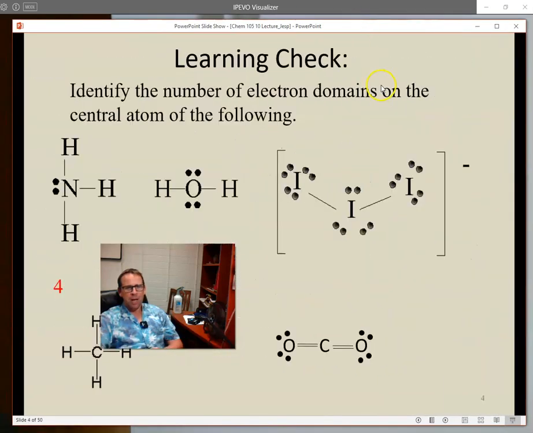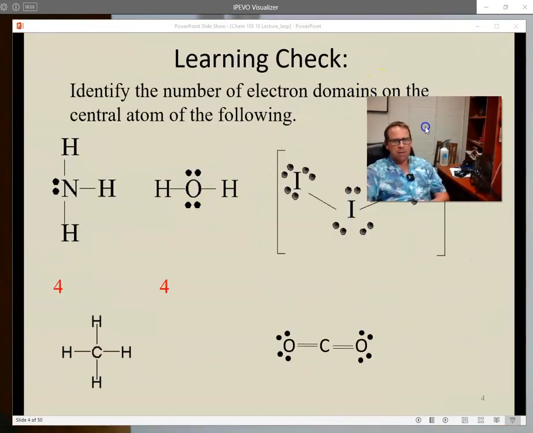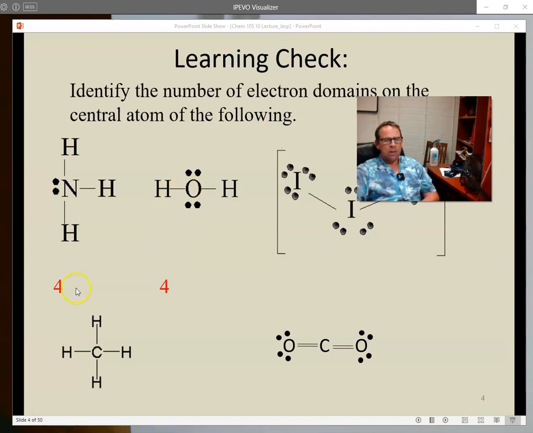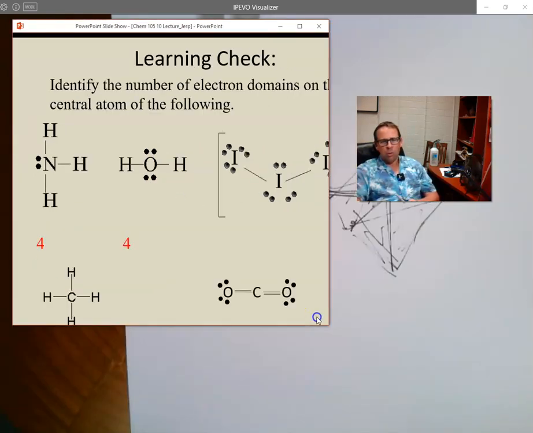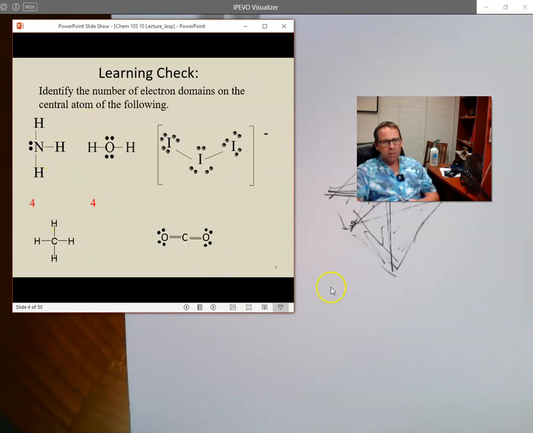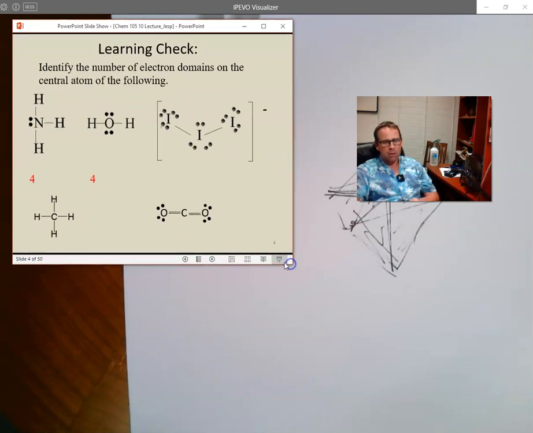We can go back to this slide here and look at that. Here are 4 regions of electron density around a central atom, and water is also a scenario of 4 regions of electron density around the central atom. However, the actual molecular shapes of these differ, right?